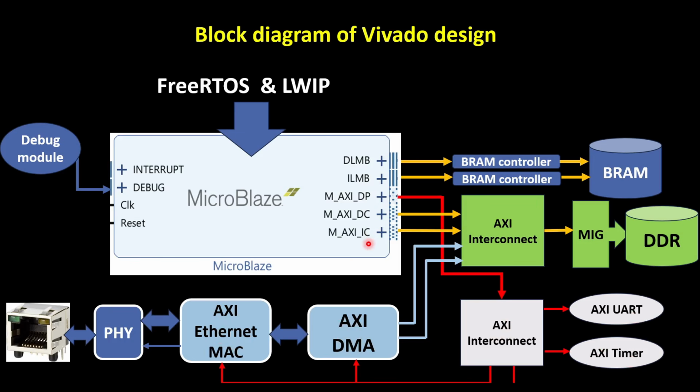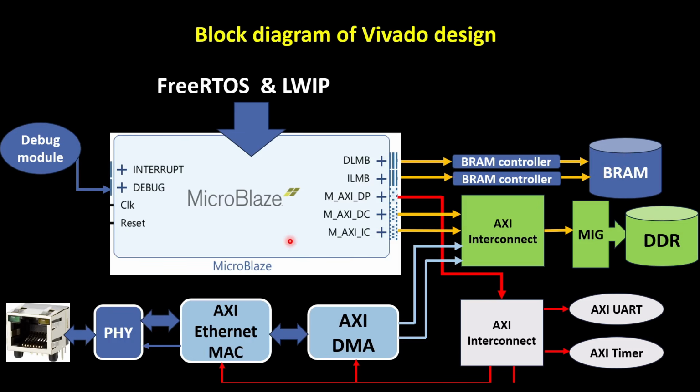The third group of the buses that we have is for the data cache and instruction cache. And this instruction cache and the data cache, with the help of the MIG, are connected to the DDR. It allows the MicroBlaze to have access to a larger amount of memory rather than this small amount of BRAM.